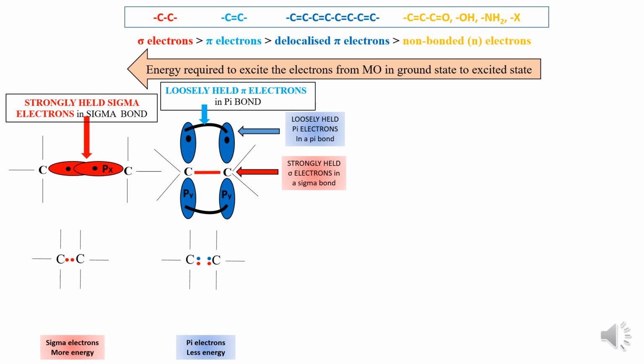So loosely held pi electrons in the pi bond require less energy as compared to the sigma electrons present in the sigma bonds. Now the sigma electrons are highlighted in red dots, while the pi electrons are highlighted in blue dots.